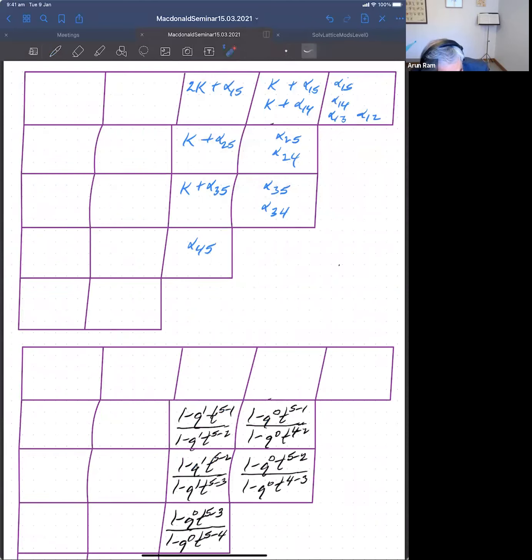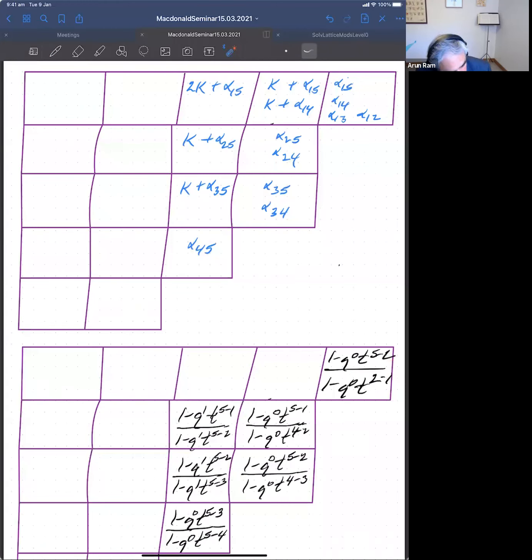So this box here is going to give me one factor, which is (1 - q^0 t^(5-2)) divided by (1 - q^0 t^(2-1)). And you can just read that off, because this last root is (2,1), and this first root is (5,1). So this is where these two exponents come from.